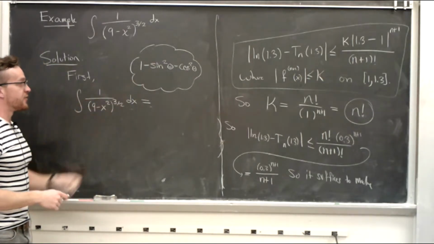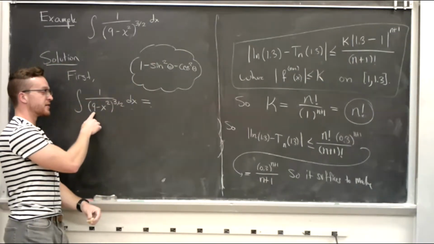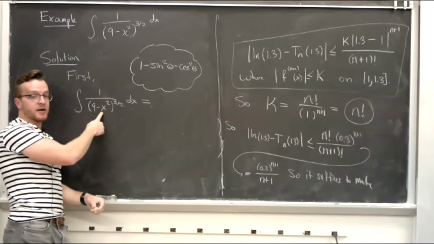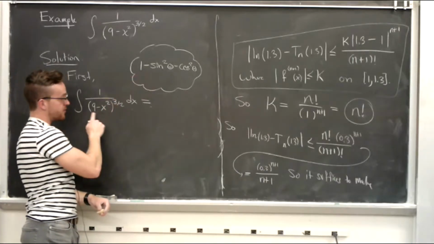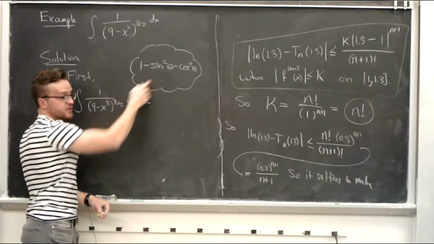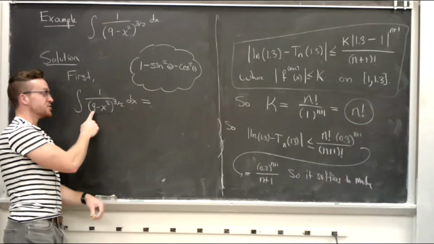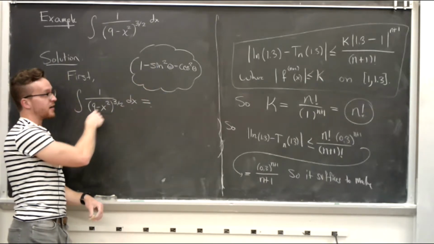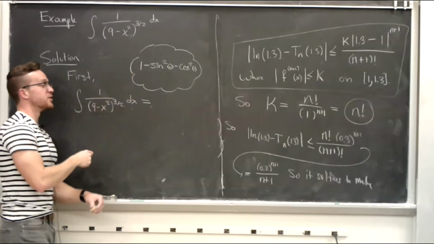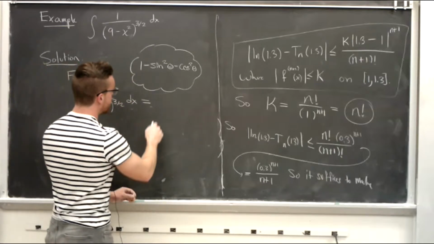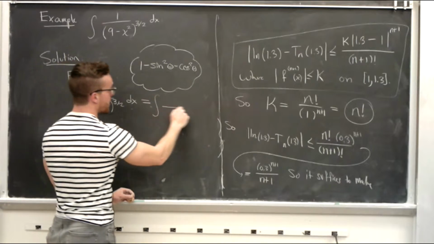That's what stands out to me here, because I see a constant minus something squared. So what I want to do is take this expression here and rig it up so that it looks like that. But my issue is that right now this is a 9, and I want it to be a 1. So what I would do is I would pull out the 9.